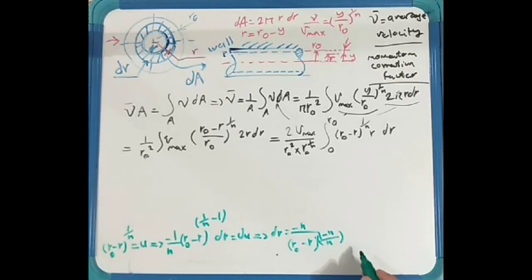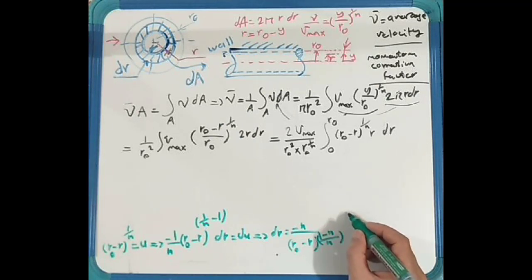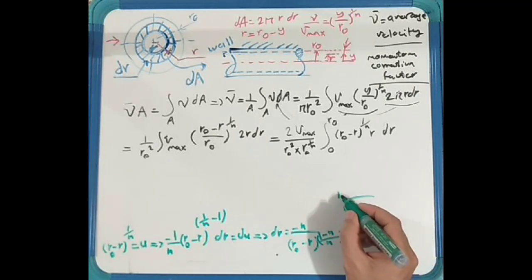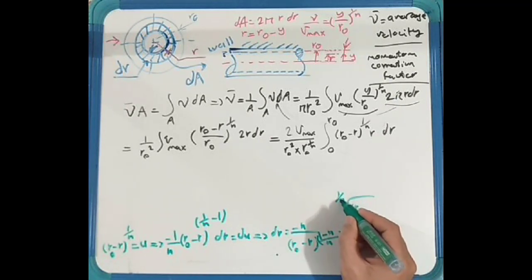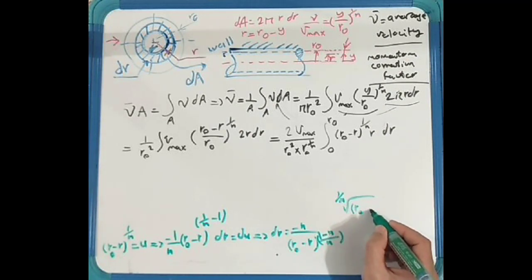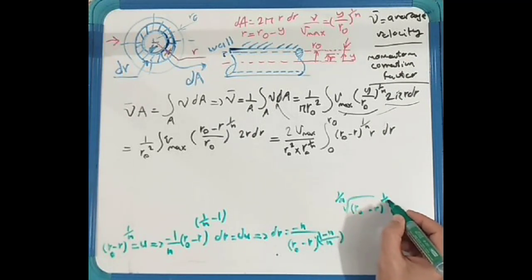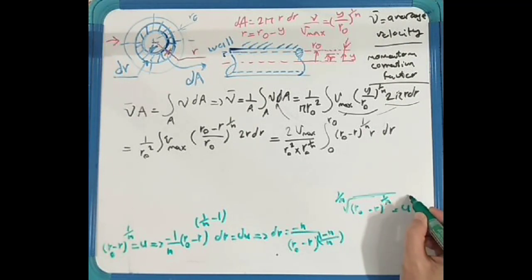Then I want to continue, and I want to find R. Okay, and if I write things such as these terms, (R0 to the power of 1 over n minus R to the power of 1 over n), okay, it is u to the power of n.